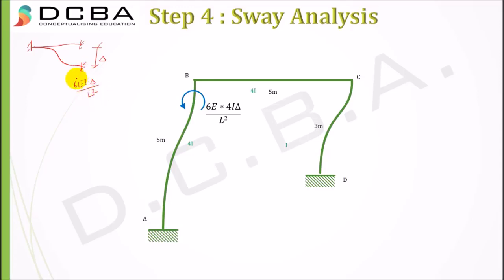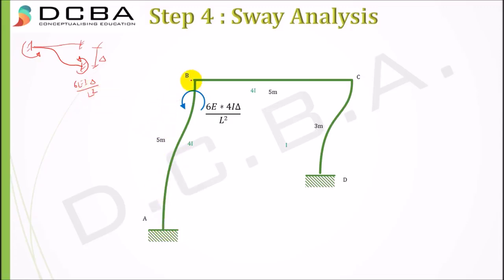Okay, and the direction would be, since this is trying to go upwards, since this is a clockwise rotation, then the reaction here would be anti-clockwise, just to stop this rotation from happening. And again here it is a clockwise rotation that has occurred, so to stop this it will again be an anti-clockwise moment of the same magnitude 6EI delta by L square.